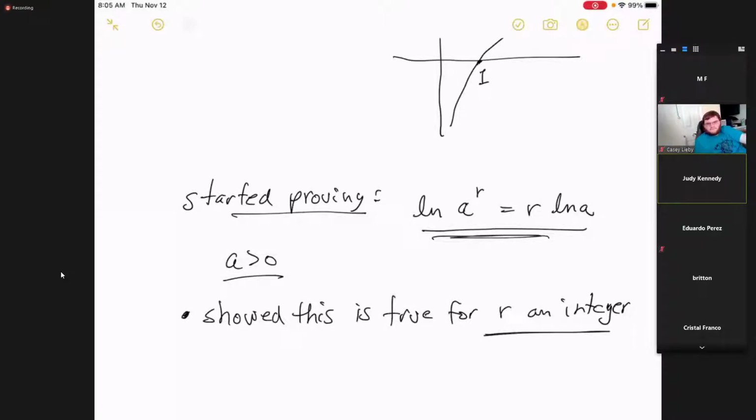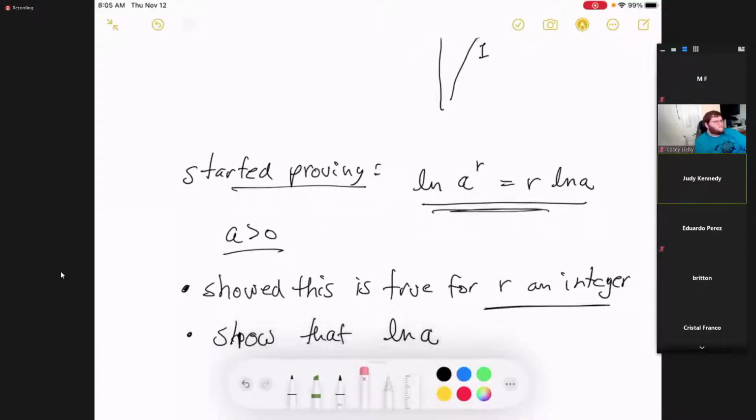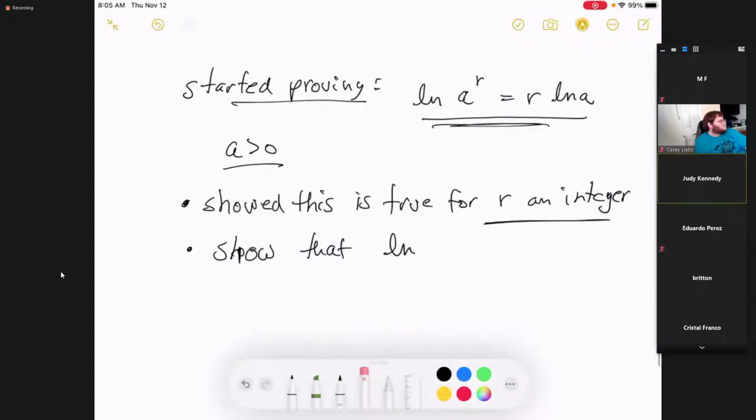Okay. Well, let's go to ln of a. I was calling it x yesterday, so I'll call it x today. ln of x to the r is r ln of x for r a rational number.